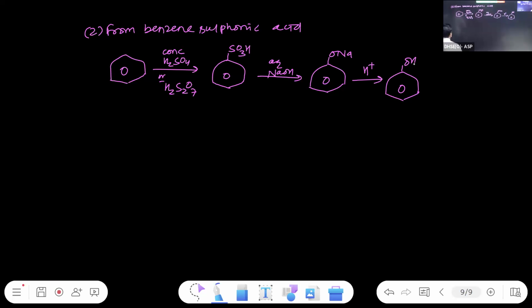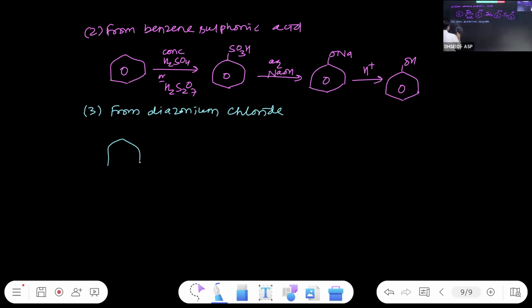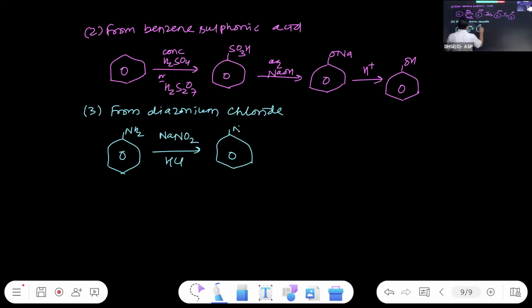Second, clear? Now come to the third one. From diazonium chloride or halide. We know how diazonium chloride is formed; you studied it in the earlier reaction chapter. First, aniline is treated with NaNO2 in the presence of HCl to form BDC.